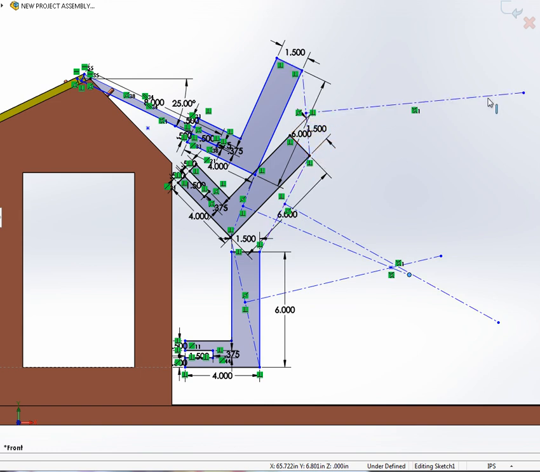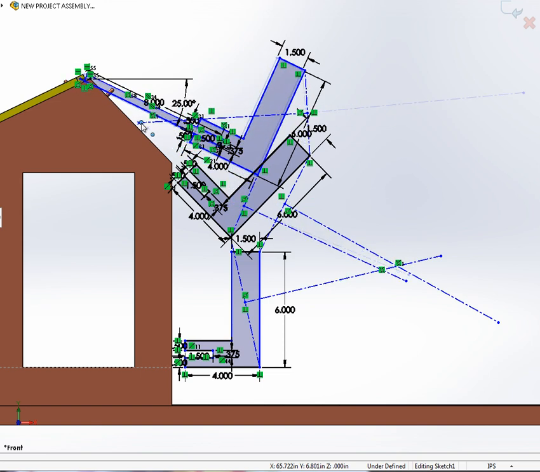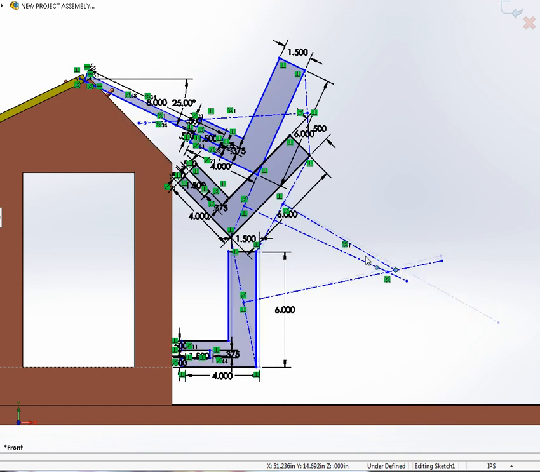Well, those are diverging, so I'd have to get this on the other side, and then the same thing with this one here.